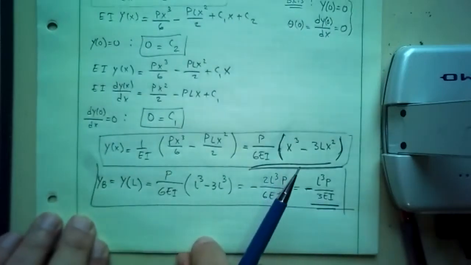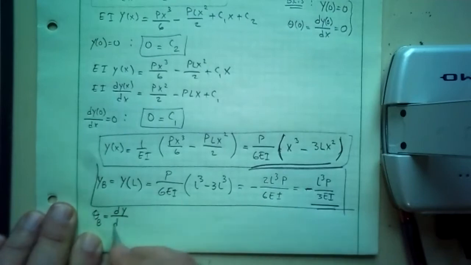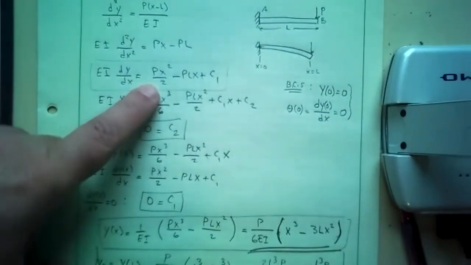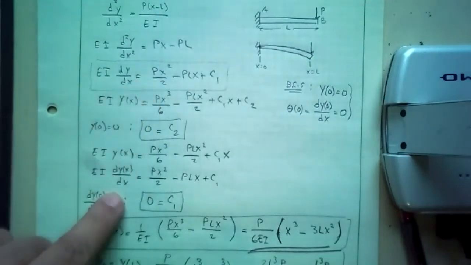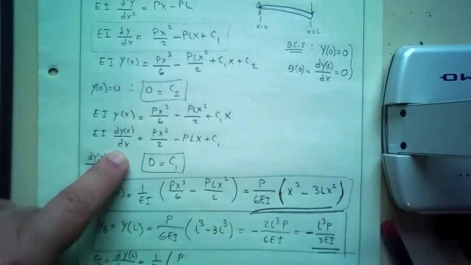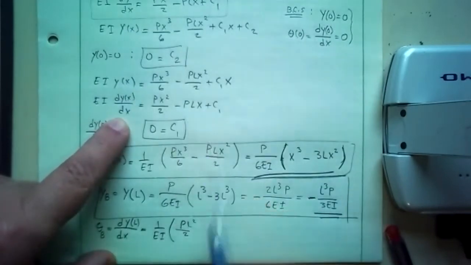What else? The slope at B. I want the slope at B, which is dy dx at L, basically. I'm just going to use my equation for dy dx right there. 1 over EI times the quantity px, and for x I can put L, L squared over 2, minus PL squared.